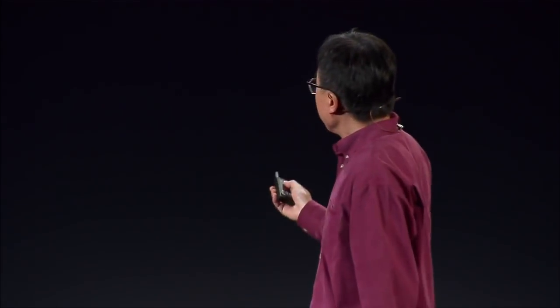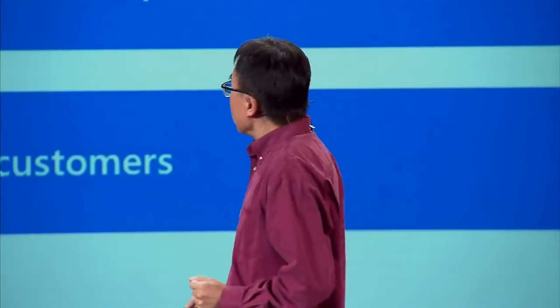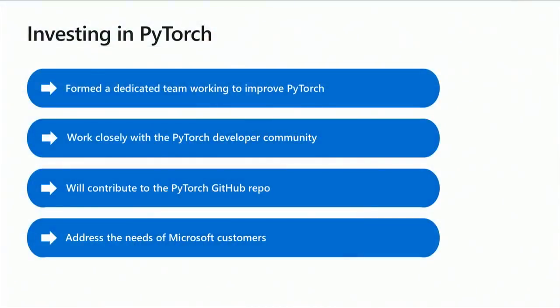So what I'm going to talk about, as we just learned from Eric's presentation, is that we are doing a lot of work to make PyTorch great on Azure. And obviously, we are also interested in making PyTorch great for everyone. So in the next few minutes, I'm going to talk briefly about our PyTorch investment.